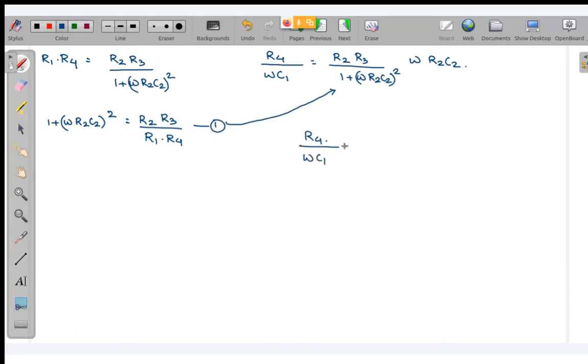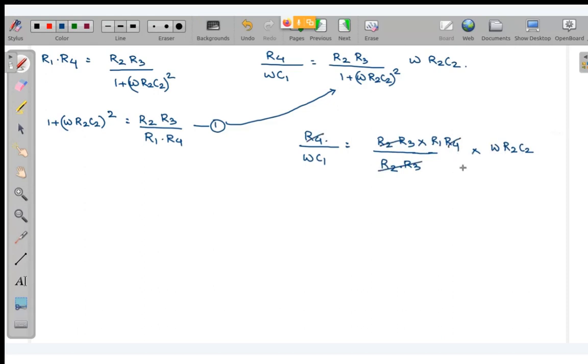So if I plug it in, R4 by omega C1 is equal to R2 R3 divided by... I am substituting this value, R2 into R3 divided by, bringing it in the numerator, R1 R4, into omega R2 C2. So now I can cancel this term. R4 also cancels. Anything else that we can cancel?